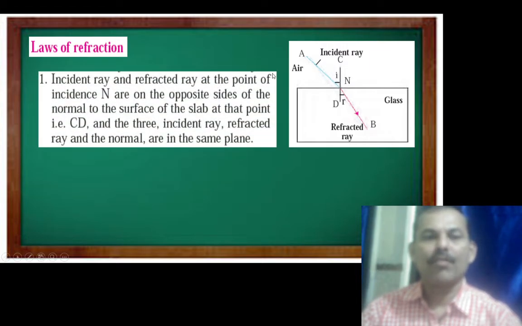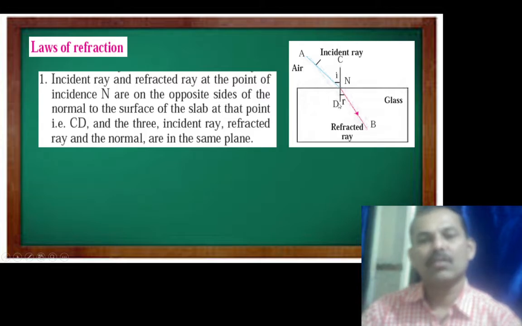The first law of refraction is: the incident ray and refracted ray at the point of incidence are on the opposite sides of the normal to the surface of the slab, and the incident ray, refracted ray and normal are in the same plane.